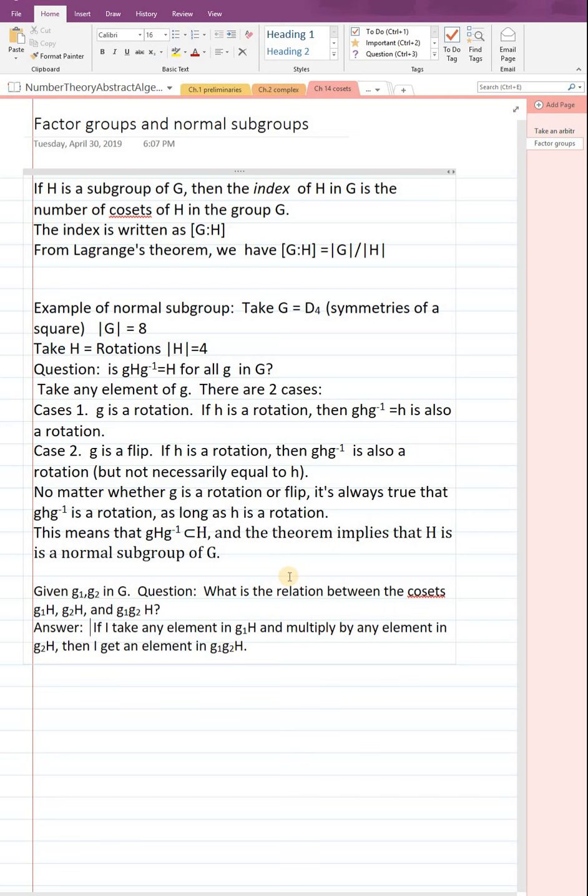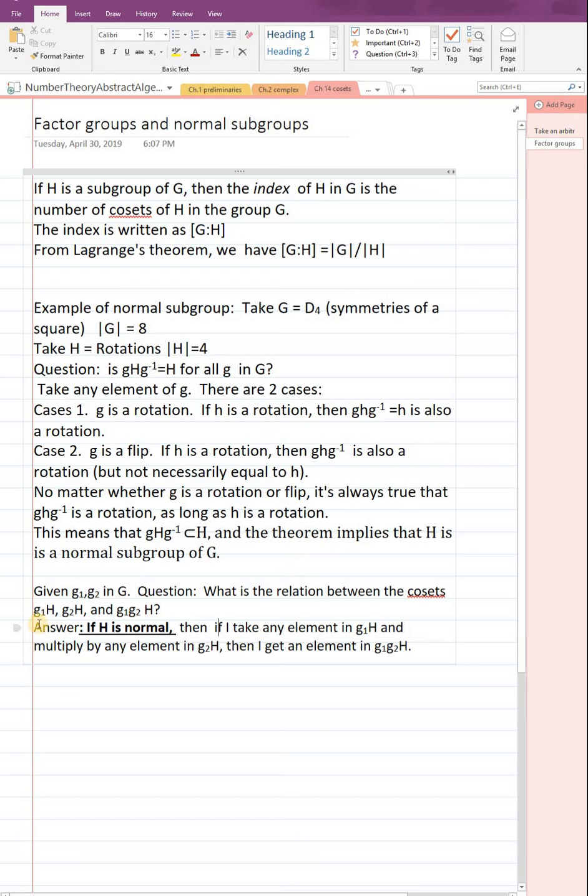I can only guarantee this if H is normal. If H is normal, then if I take an element in one coset and multiply by an element in a different coset, then I get an element in the product coset.